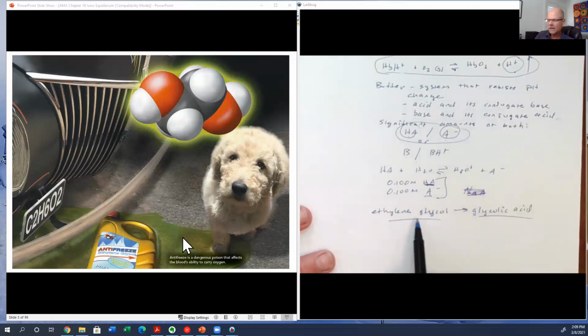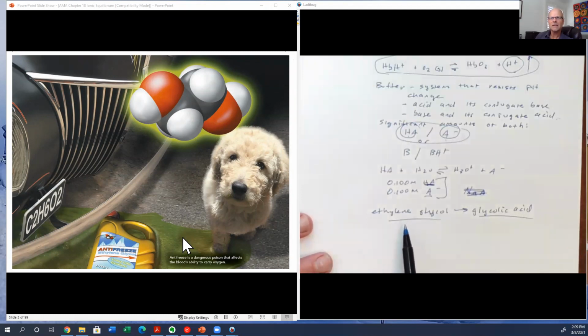Ethylene glycol is an alcohol. So when the dog or cat starts to eat this ethylene glycol, it tastes kind of sweet, and it's also inebriating because it's an alcohol.